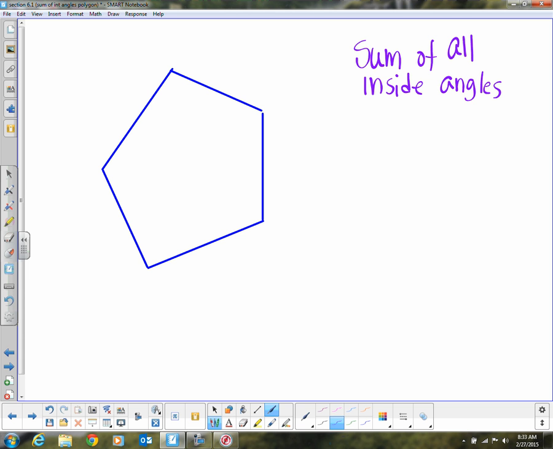You need to find the sum of all inside angles. How do you do that? We've been doing that. How do you find the sum? N times, right. When you find the sum of all the inside angles, circle it so you can see it later. This is in lieu of the other investigation we're going to do.